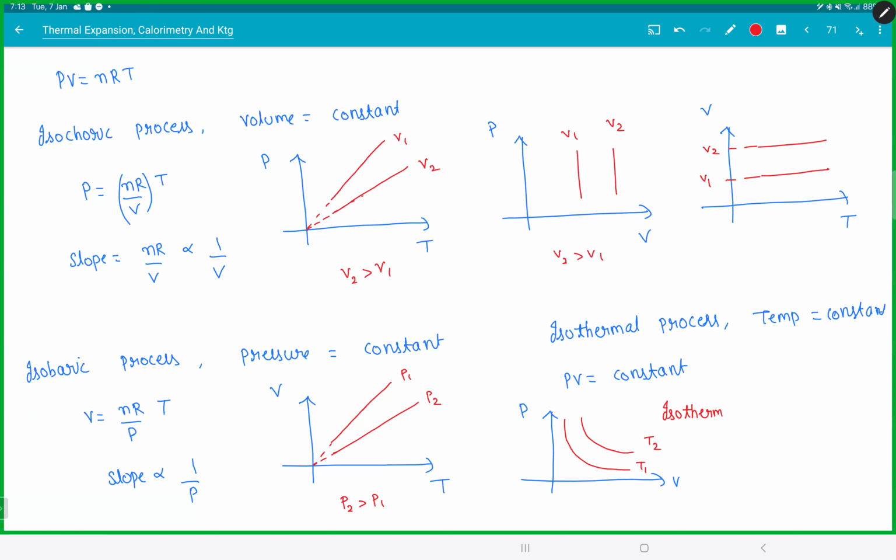Who has more temperature? Think about it. If the temperature is more, means constant is more. If constant is more, meaning the graph will be far from origin, right? So the farther the curve from the origin, the more the temperature. So the isotherms which are far will have more temperature.